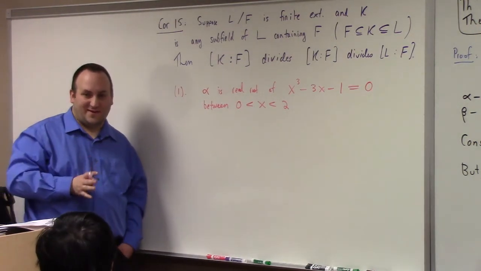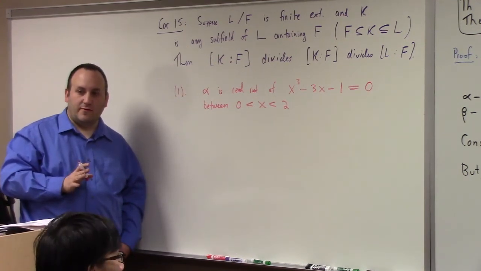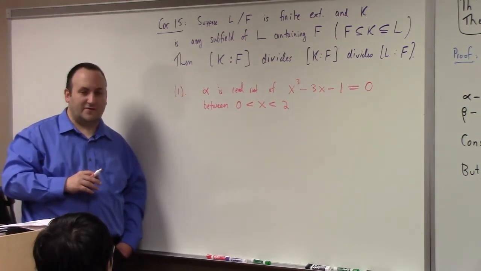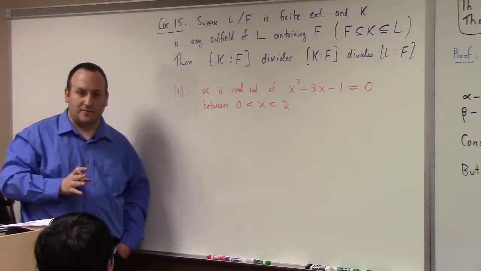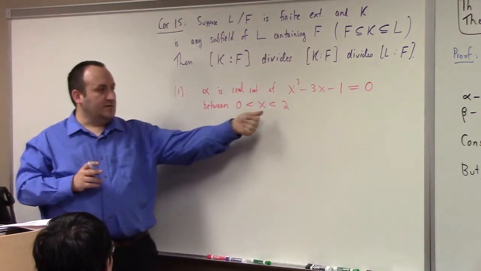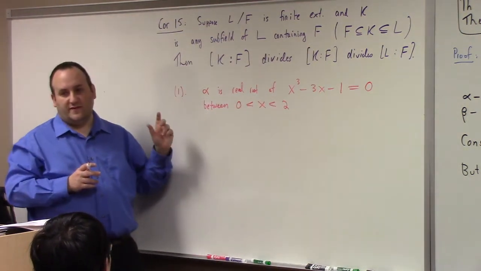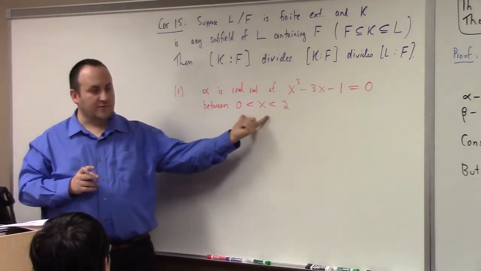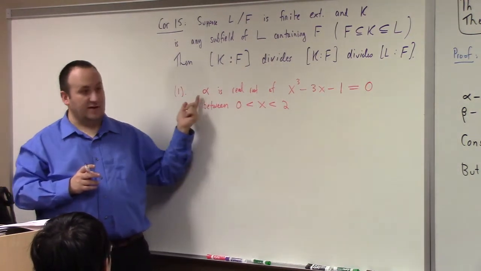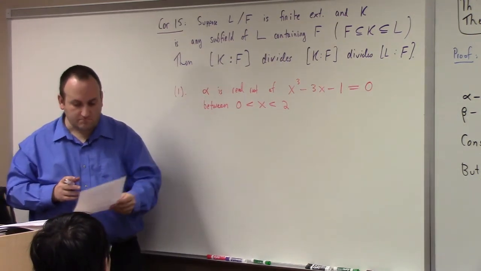We're going to describe alpha using calculus. How do we know that a real root exists there? Well, that's calculus 1. It's the intermediate value theorem. You plug in 0, you got minus 1. You plug in 2, you've got 8 minus 6 minus 1, you got 1. So we're changing from negative to positive on this interval. By the intermediate value theorem, there exists such an alpha. So there is such a root.